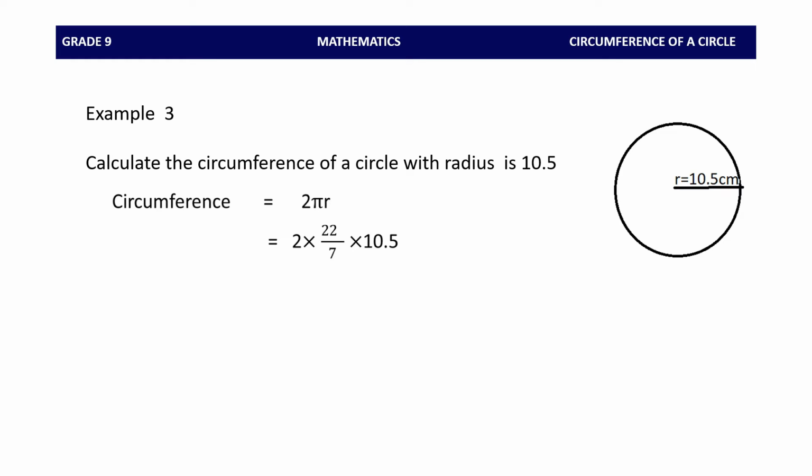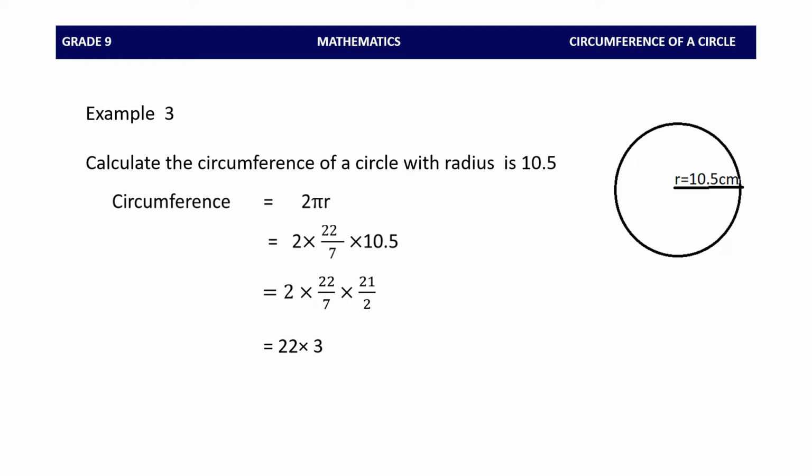As it is a decimal number, it would be easy for you to simplify if you write 10.5 as 21 divided by 2. So we get 2 multiplied by 22 divided by 7 multiplied by 21 divided by 2.